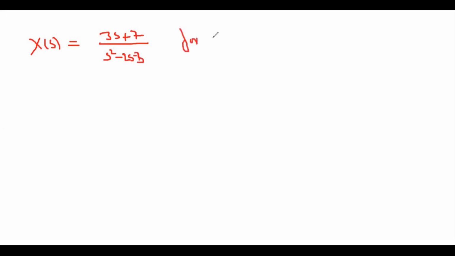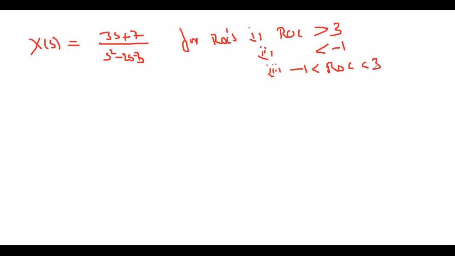For the first ROC, they are asking ROC greater than 3. For the second ROC, less than minus 1, and the third ROC is in between minus 1 and 3. So at different ROCs, we get a different equation for the inverse Laplace transformation.